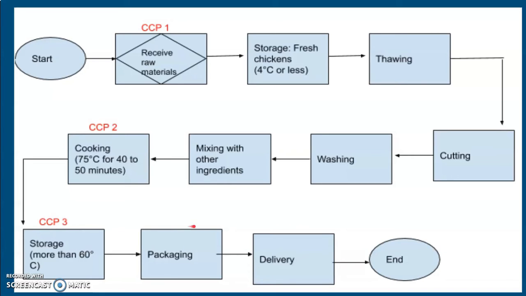Then lastly, the delivery. For this case, there are 3 CCPs in this process flow diagram, which are firstly the receiving of the raw materials, the cooking temperature of chickens, and lastly, storage at the cooking temperature.